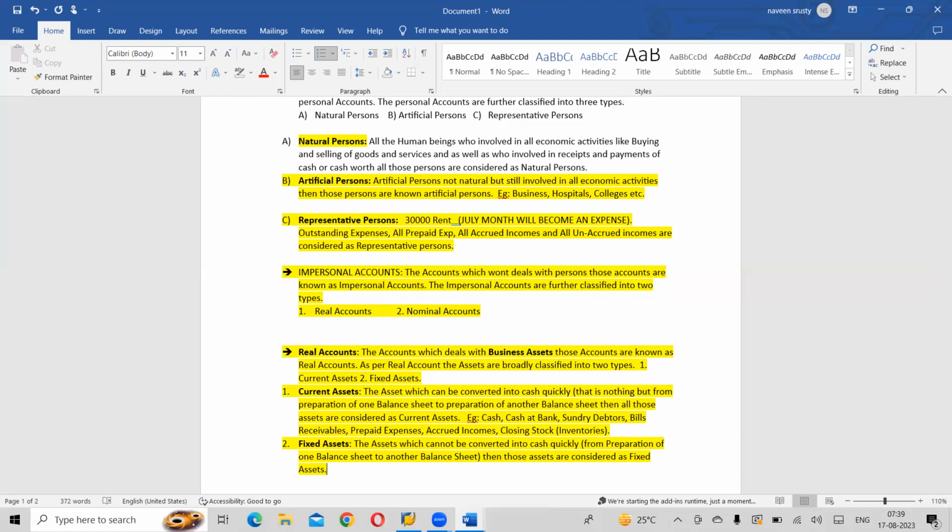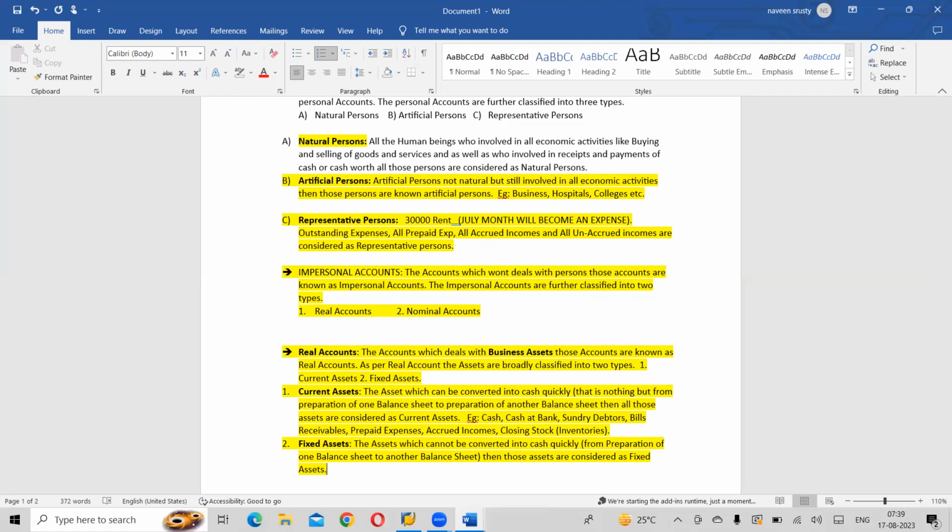Computers. Then why is it considered as fixed then? If it is movable, then why am I calling it a fixed asset, my computer? Why will it be considered as a fixed asset? Building, fixed asset, land, fixed asset, furniture.